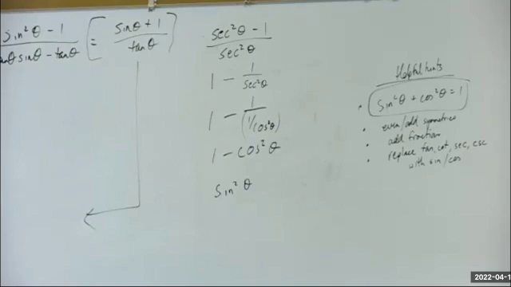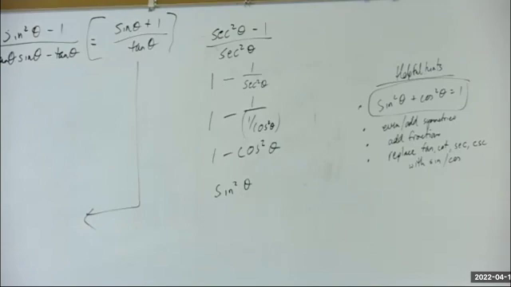What's tangent? Sine over cosine. Okay, so what's cotangent? The flip of tangent. You might want to write it down: tangent equals sine over cosine. Now tell me, what's cotangent? The flip of tangent. Yeah, but I want to hear it in terms of sine and cosine. Cosine over sine. There you go.